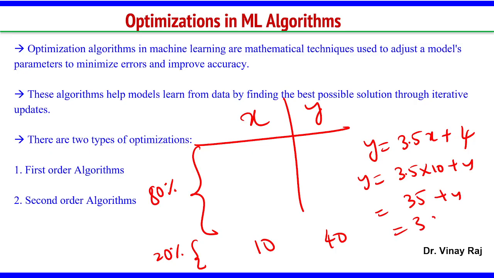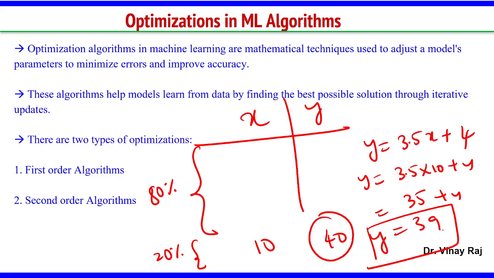It is giving me 39. So, the actual value is 40, but the value which my model is predicting is 39. So, there is some error in the prediction. Whatever the ML model is predicting, there is some error in that. There is some gap between the actual value and the predicted value.